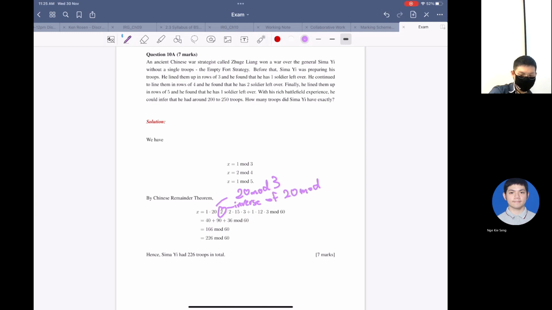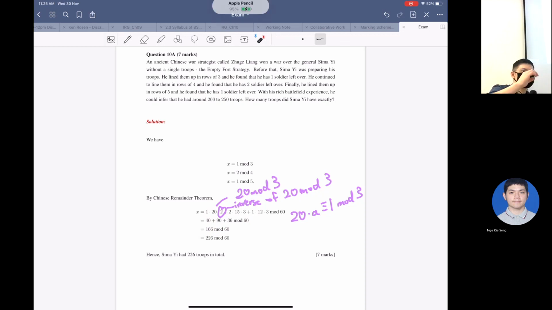This is the number that multiplied by 20 equals 1 mod 3. So it's not just 20 mod 3. And then some of you forgot to change the answer into the range. So you just kept the original.